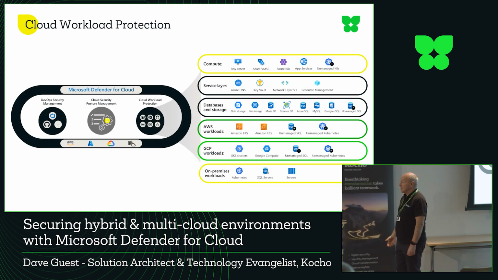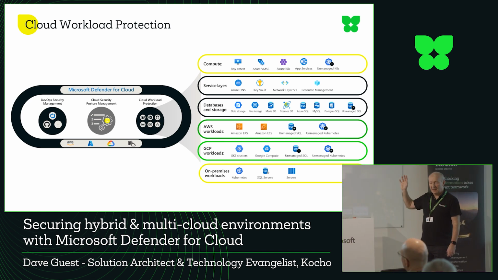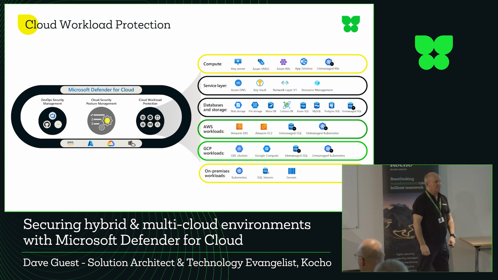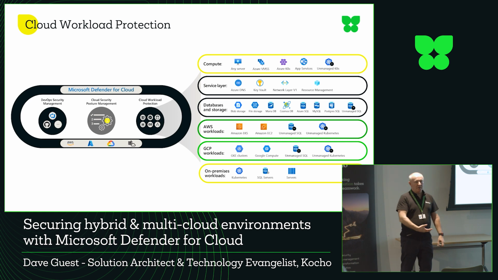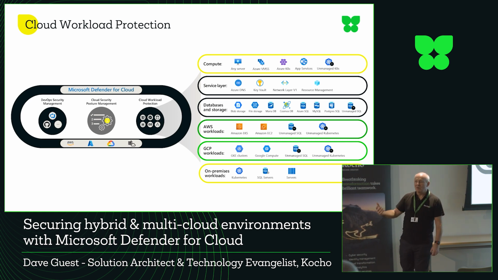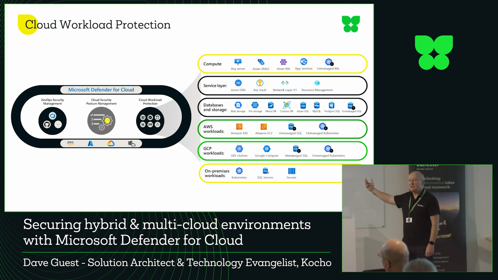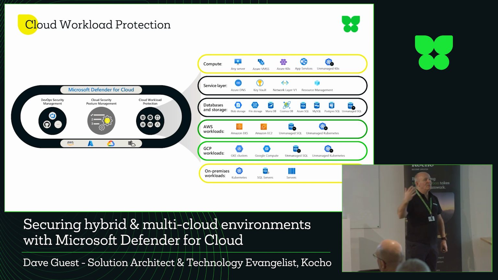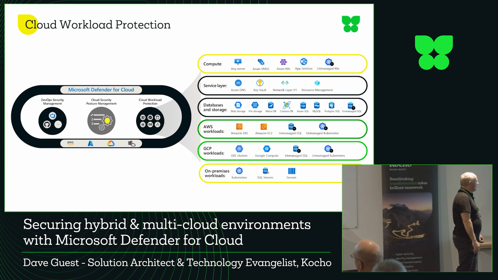So Defender for Cloud gives us this cross-cloud, platform agnostic system for managing our compute, workstations, servers, the service layers that we've got going on, the API use from other areas to actually pull that together. We can look at databases, we can look at the management of a Cosmos DB sitting in somebody else's cloud somewhere and actually say, yeah, this is in a good state or not.